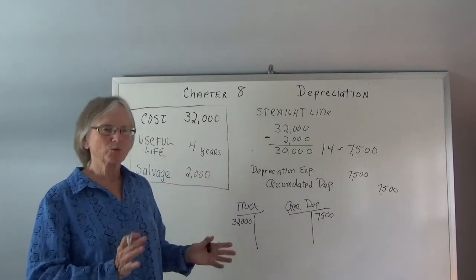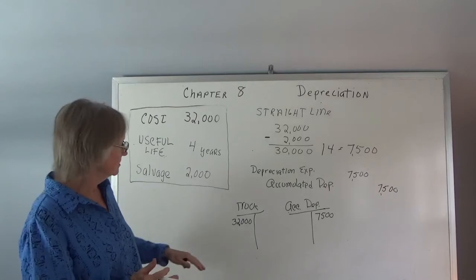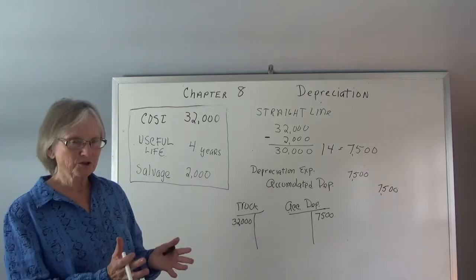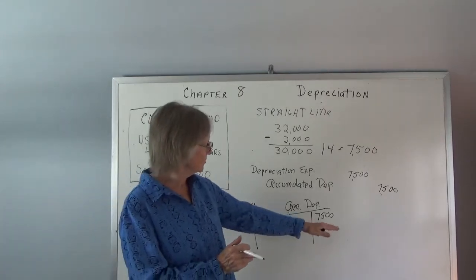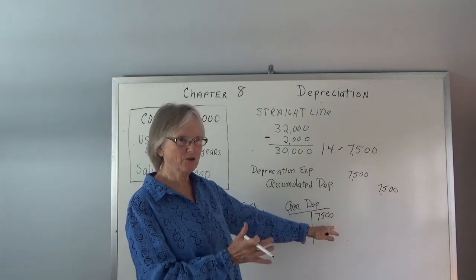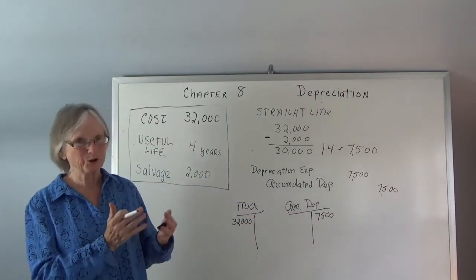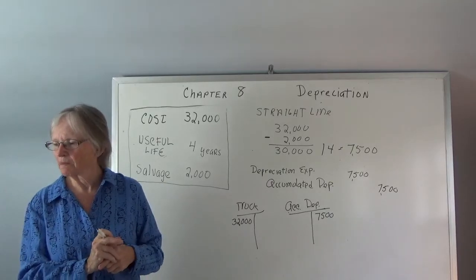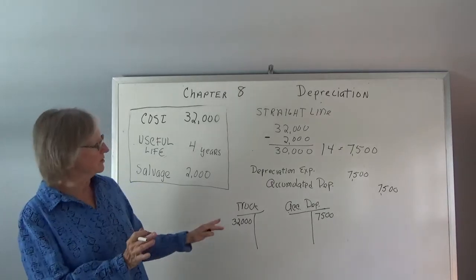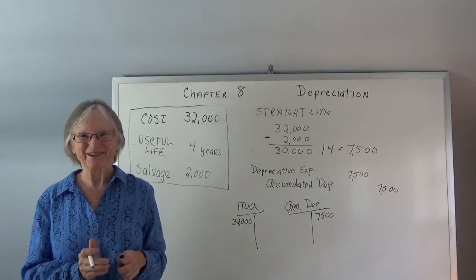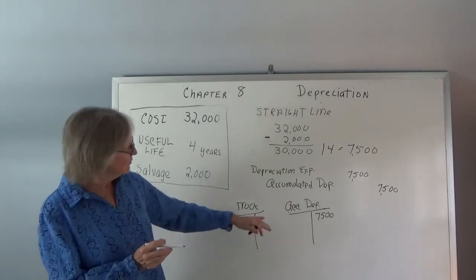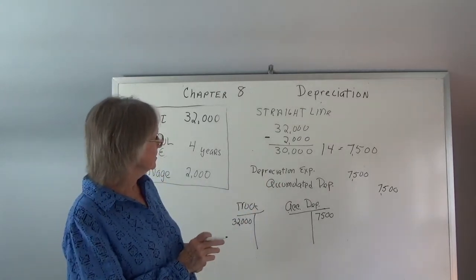So the amount reported on your balance sheet would be truck $32,000 less accumulated depreciation of $7,500, and that would give you the current book value or carrying value of the truck. And you can see how this works on the notes. I obviously don't have room to write it all out here. But anyway, we would make this same journal entry each year.